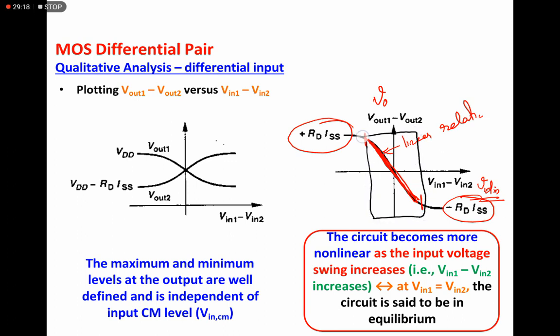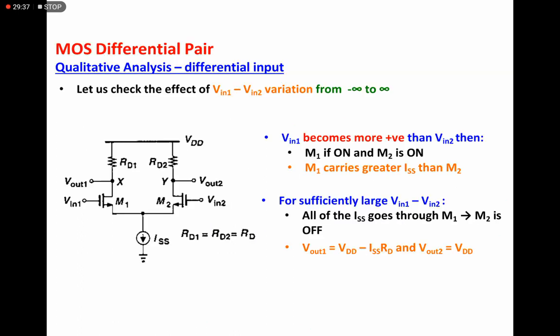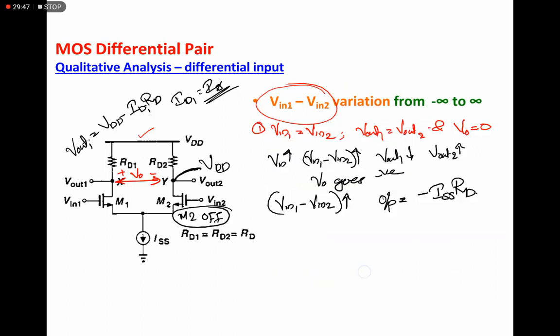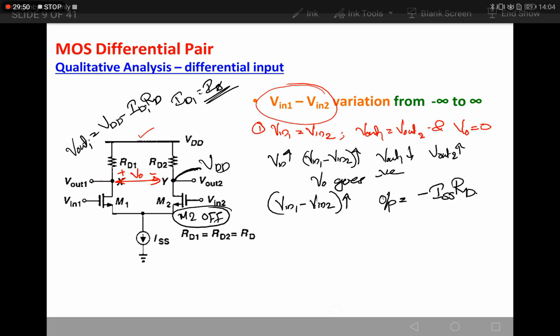These are the points or region where one MOSFET is off. So here we need to find where this MOSFET is switched off, or up to what differential signal this device can handle. It is an important analysis and we will do that also.